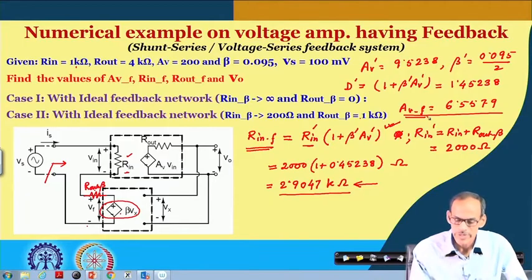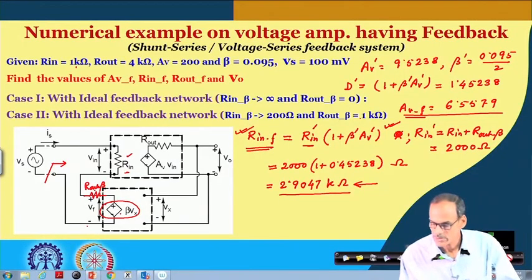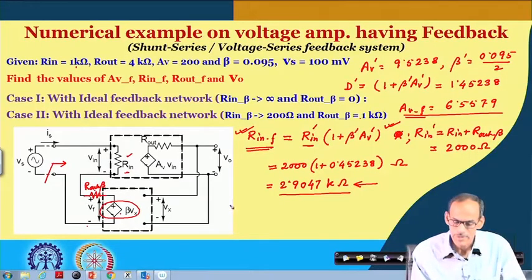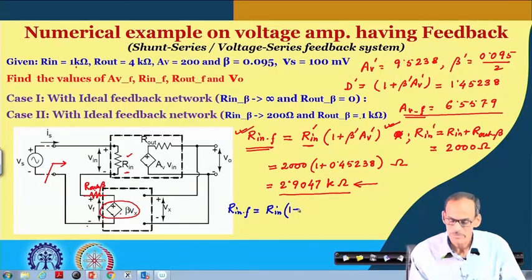Let me use the alternate expression to explain this part. R in F can also be considered as R in multiplied by 1 plus beta into AV dash, in series with R out beta.